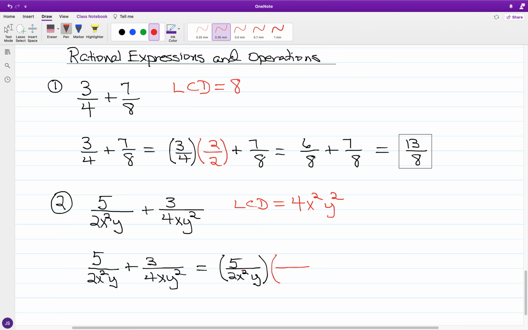Now, looking at what we have here, so I got the number 2. 2 into 4 will go 2 times. And x squared, we already have x squared will go into itself 1 time. Now for y, y goes into y squared, y times. Now for 3 over 4x, y squared.